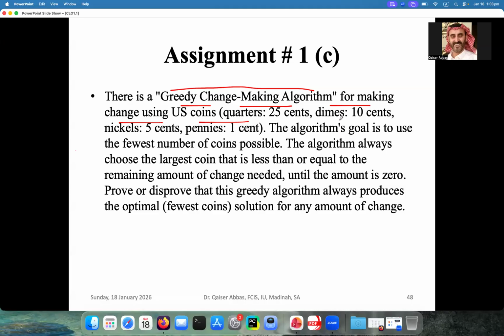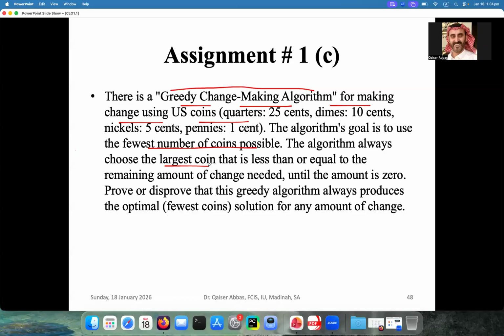So what will that algorithm do? Whatever value you give, it will give you change of that value using the fewest number of coins possible. How? It will always choose the largest coin.